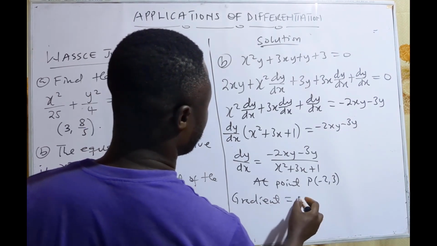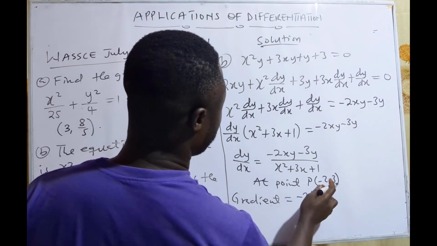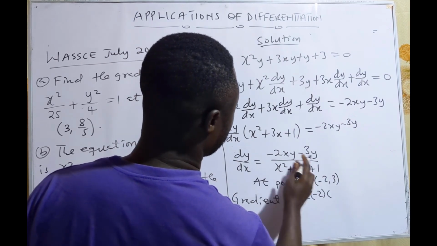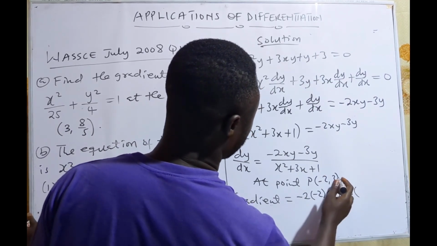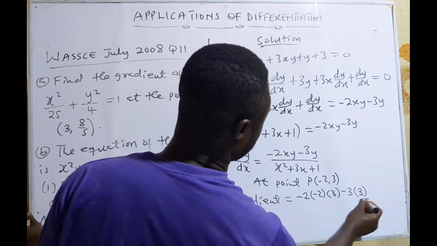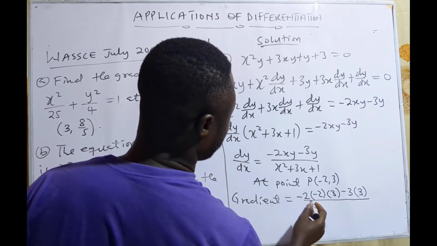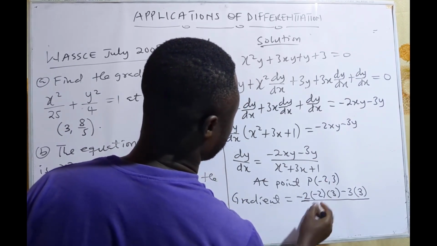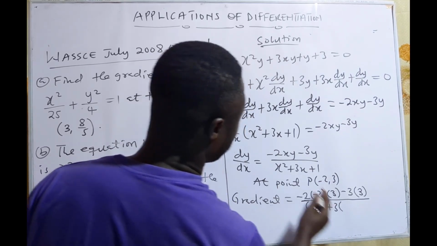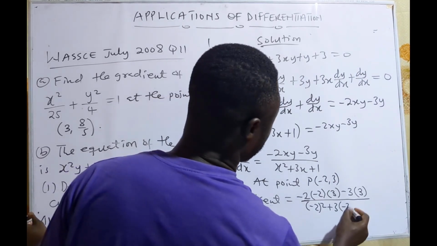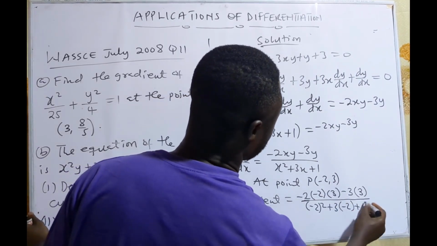My gradient is going to reduce at 2 multiplied by x is -2, y is 3, minus 3, multiplied by y, which is 3, all divided by x squared, what is x? -2 squared, plus 3 times x, -2 plus 1.